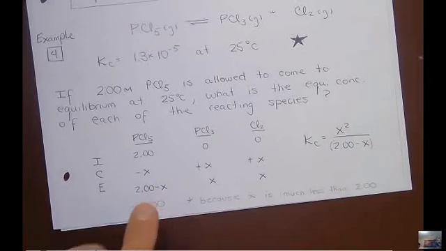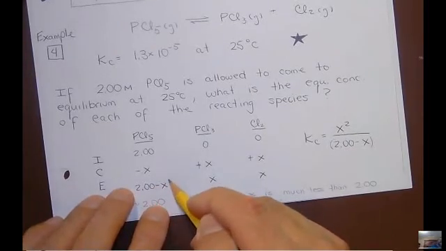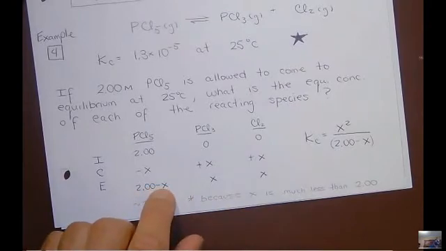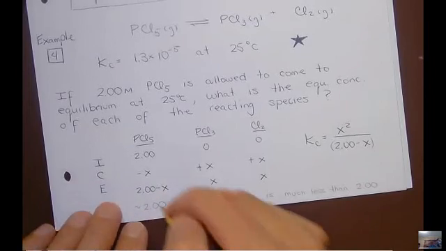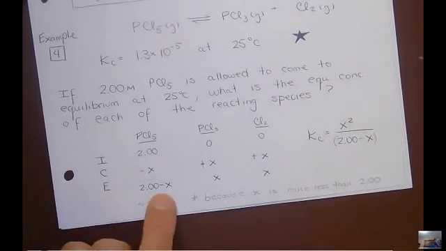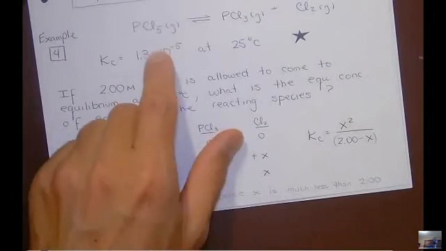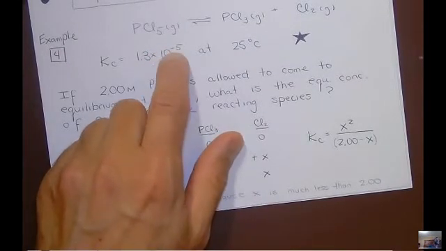So you can just drop the x from something when x is added or subtracted to a number that's much bigger than it. Again, how do I know x is going to be small? x is going to be very small because the equilibrium constant is small.